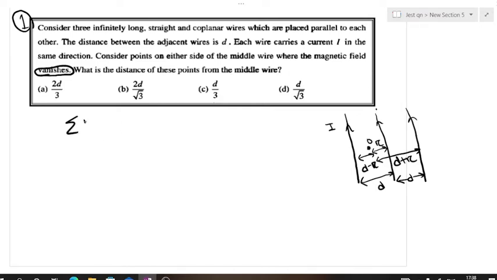Okay, the net B is equal to 0. As we know, the magnetic field due to an infinite long wire is mu naught I divided by 2 pi R. Suppose these create magnetic fields B1, B2, B3.